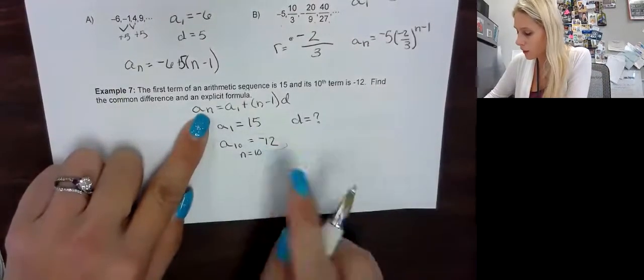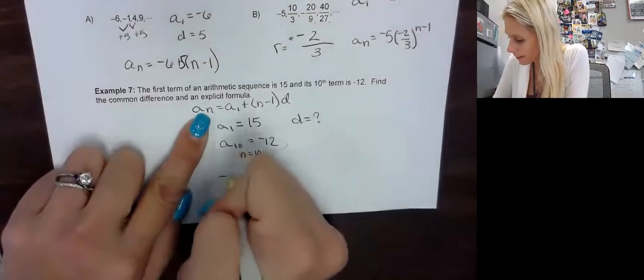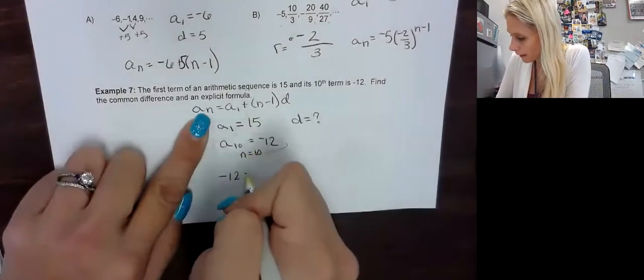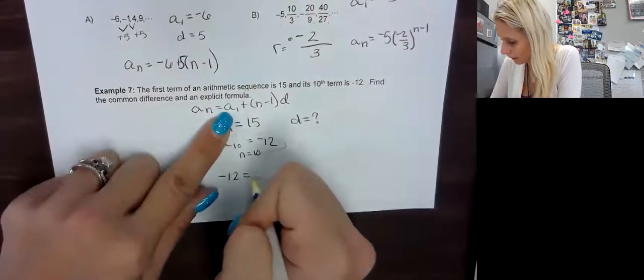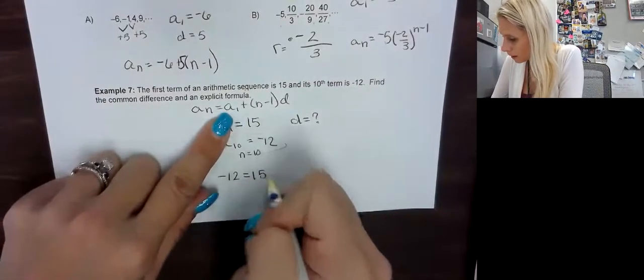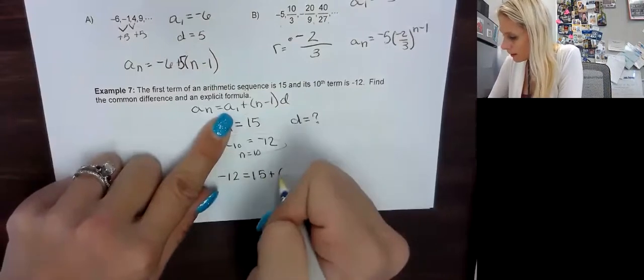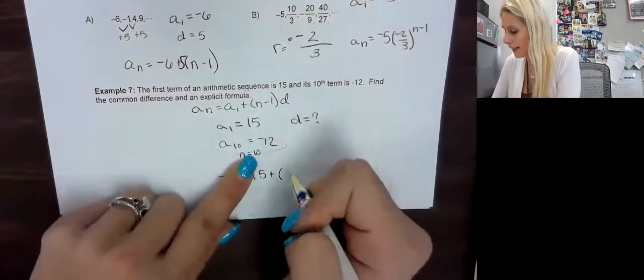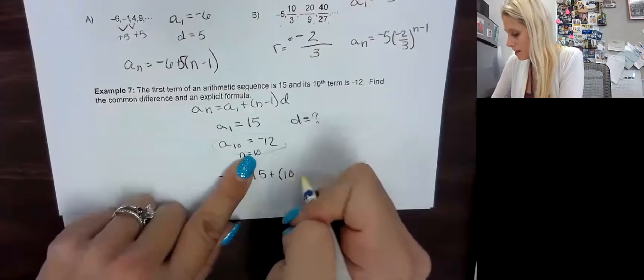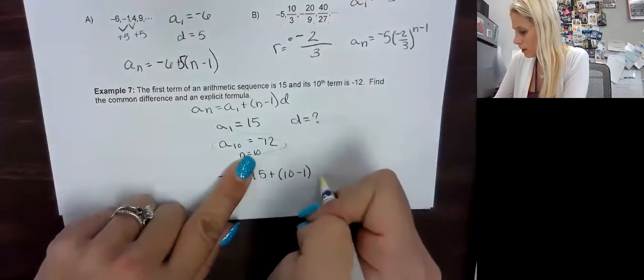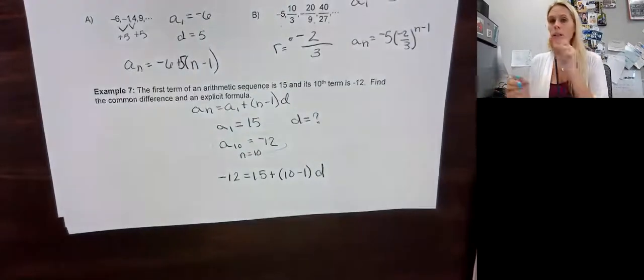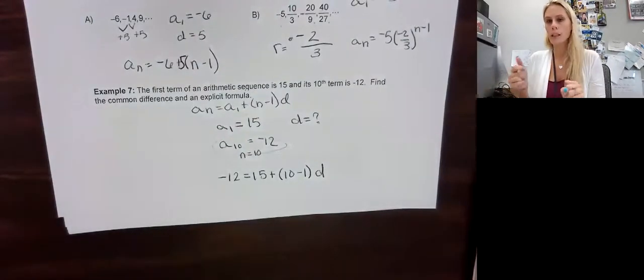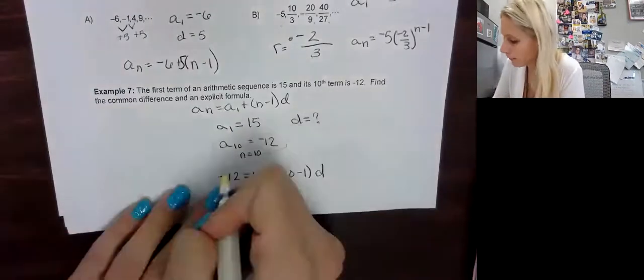Our value is going to be -12 equals the first term, which is 15, plus n minus 1. What was n again? n was 10, minus 1, times d. And you know that you're doing okay because I only see one variable, and that's what I want to find, right? So then we have to do some algebra.